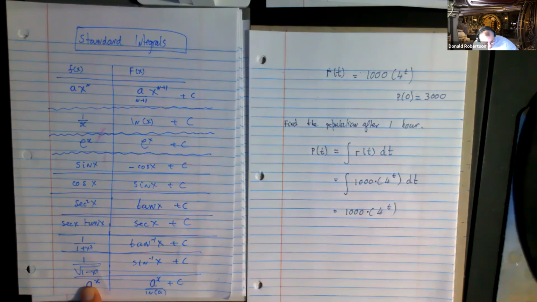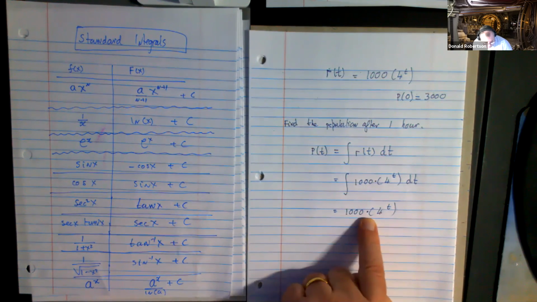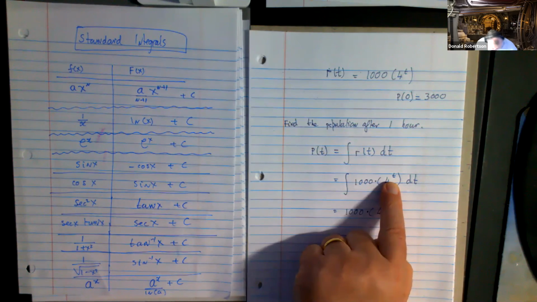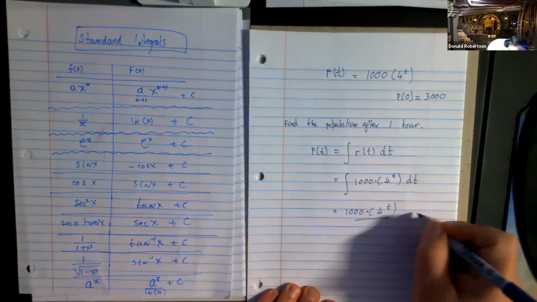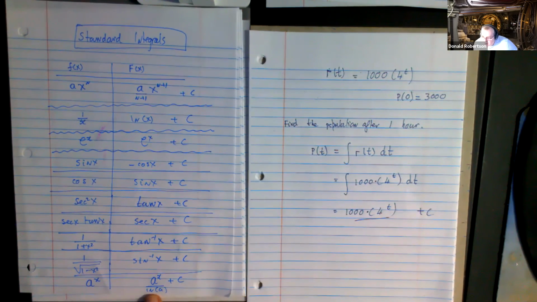Look at the bottom guy. What would 4 to the t or 4 to the x get you? What's missing? Plus c. The integral of 4 to the x. Well, plus c is missing, but isn't there something missing at the bottom here? Natural log of t.